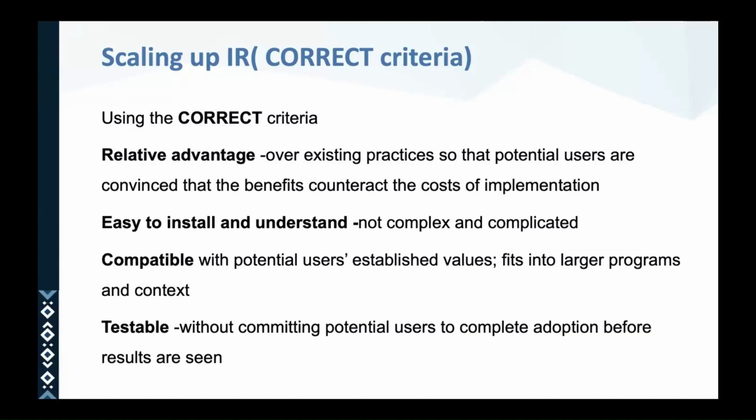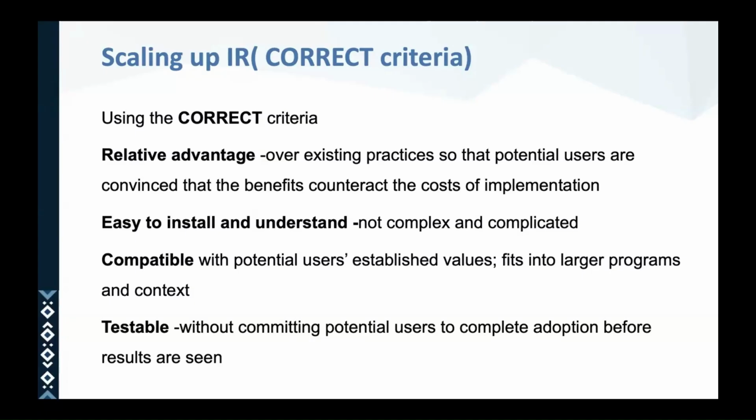You're coming up with a new strategy of doing things. What is the relative advantage of what you're bringing in compared to the methods that they have been using? There should be existing benefits that the users will see, and they'll be convinced that what you're bringing in is better than what they had before. So easy to install and understand. It should not be complex and complicated.